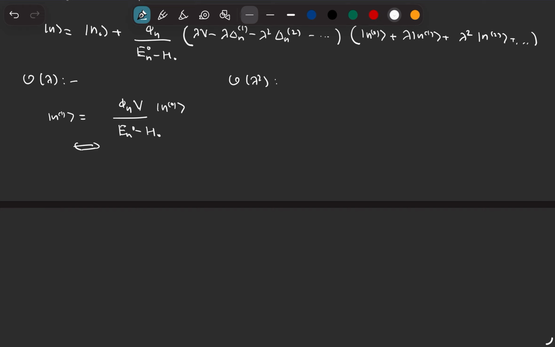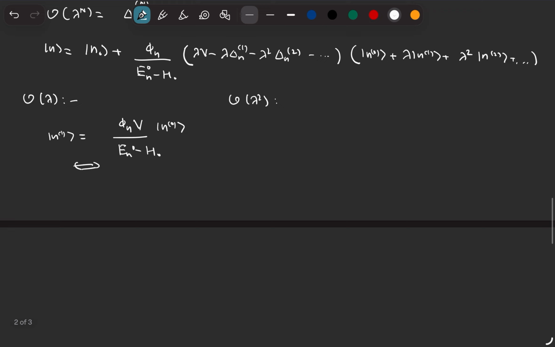For the second order term, let's collect the second order things that we have. But before that, I think we need to compute delta n2. And that will be n0 V n1. So n0 goes here, V goes here, and there is phi n V upon n0 minus of h0, n0.